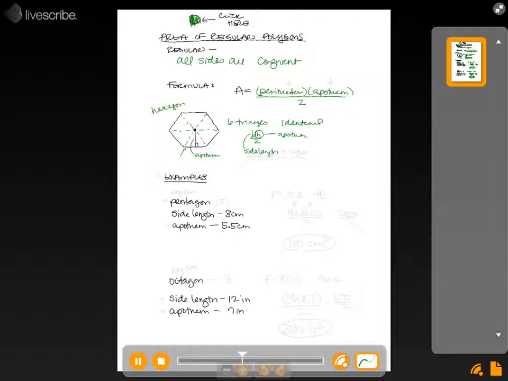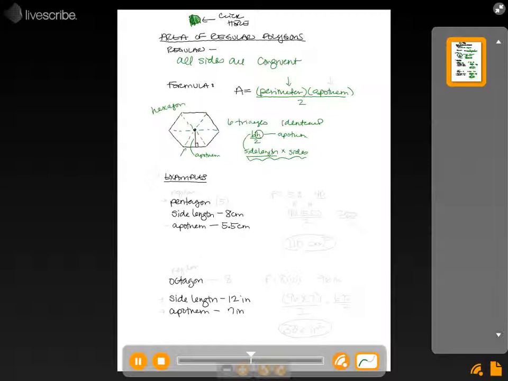So if each one of those triangles is identical, we would take the side length times however many sides there are. In this case, there's 6 sides on a hexagon, and we would multiply the side length by the number of sides. The side length times the number of sides is our perimeter. So this is how we get our formula.